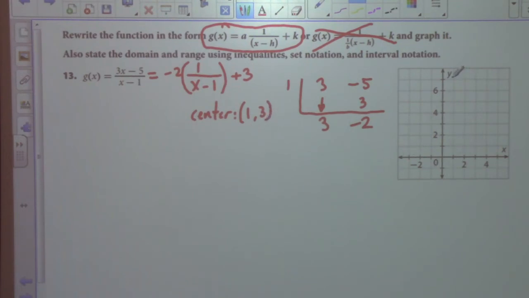So we go to x equals 1, and y equals 3. Excuse me, I said x equals 3, didn't I? I'm going to say y equals 3.